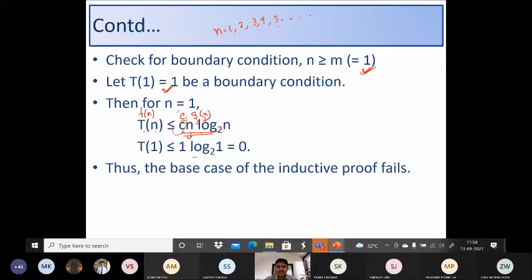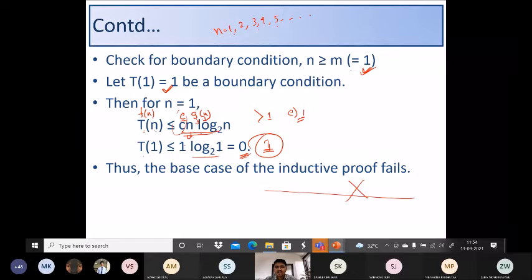What is the value of this? 0. We know the C value should be greater than 1. And in the base condition also we know T1 should be 1. T1 should be 1, right? But here we are getting 0. That means our inductive proof fails.